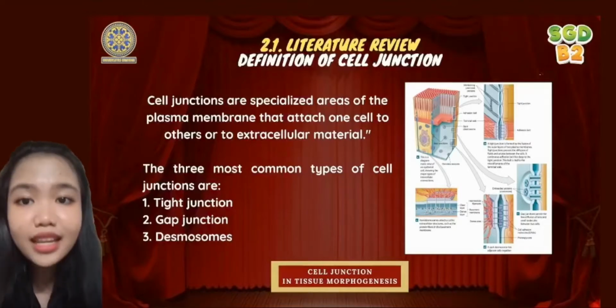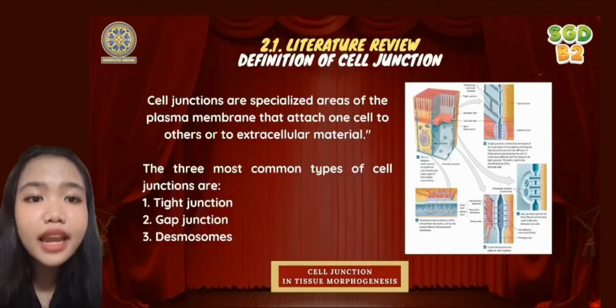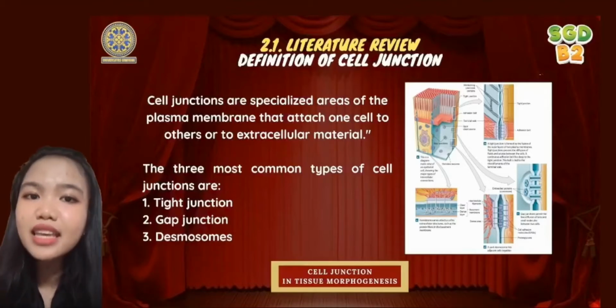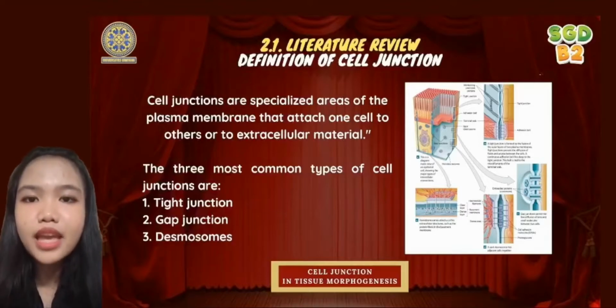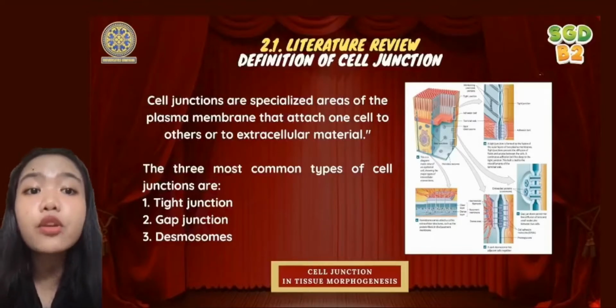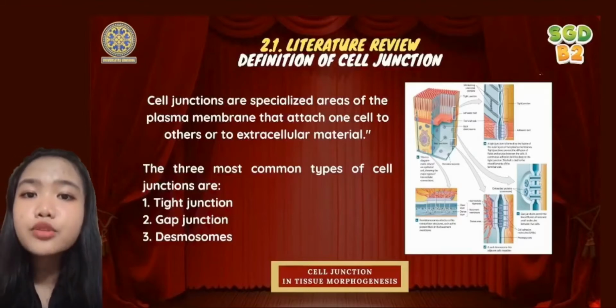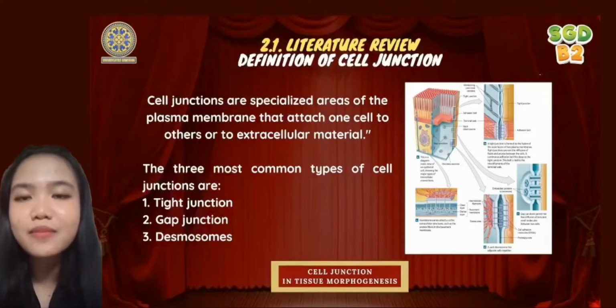For example, tight junctions near the apical surfaces of cells lining the digestive tract help keep enzymes, acid, and products under control. In the gap junction, as shown in figure 2.1c, 2 cells are bound by 2 interlocking transmembrane proteins called connexons.